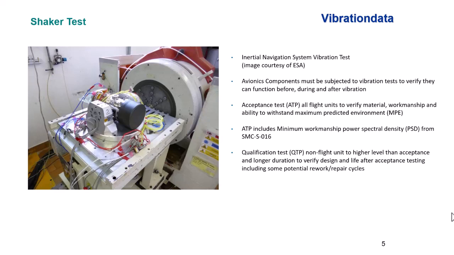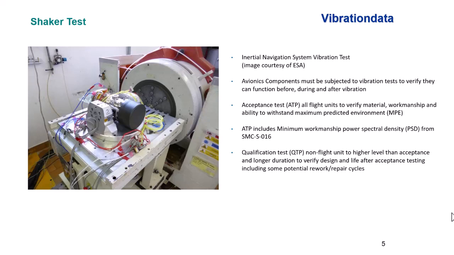But we have a reasonable solution that industry has worked out and that all the major aerospace players follow, and it's SMC-S-016, and that is the qualification or QTP test. So a QTP, what we're going to do, let's just take that inertial navigation system.